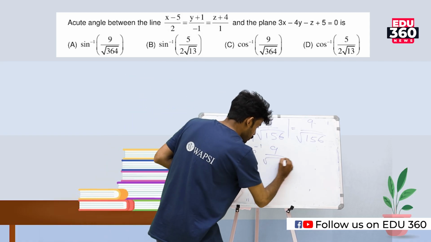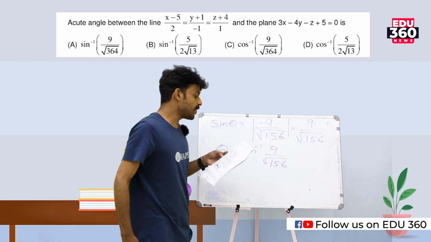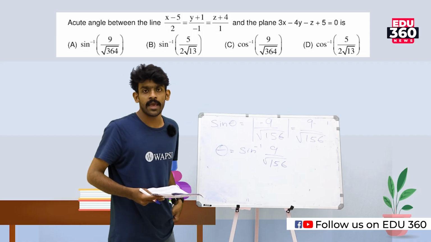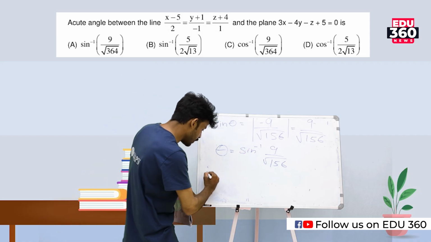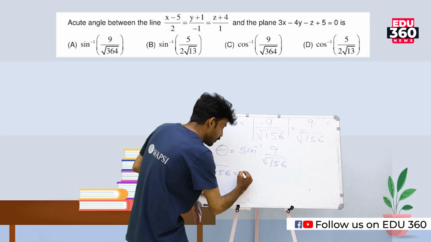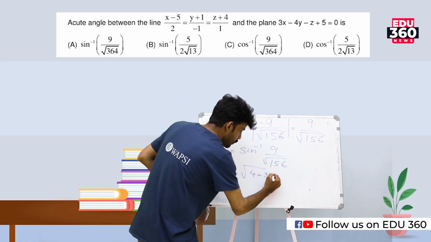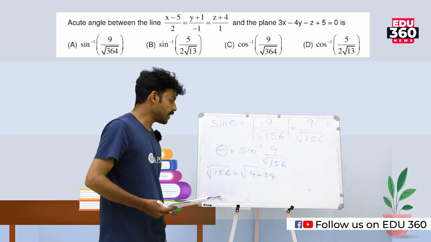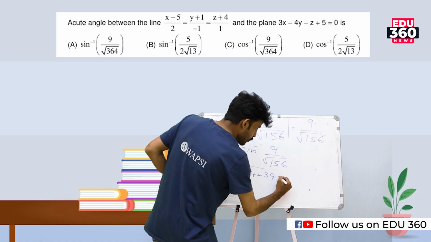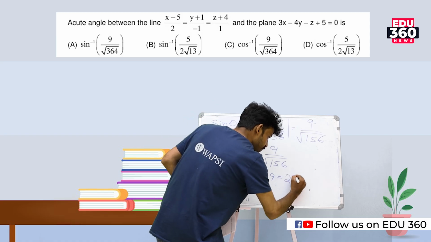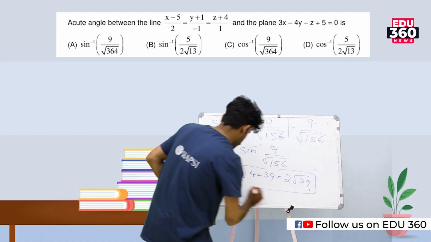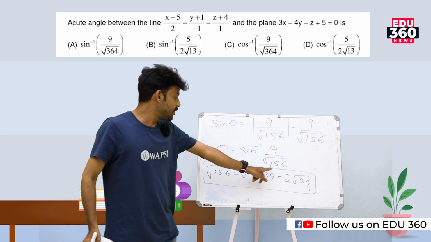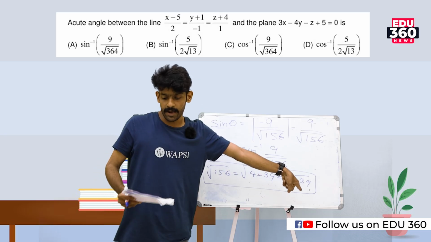For root 156 we can write it as root of 4 into 39. Root of 4 into 39 means it will become 2 root 39. So instead of root 156, I am going to write 2 root 39 in the next step.